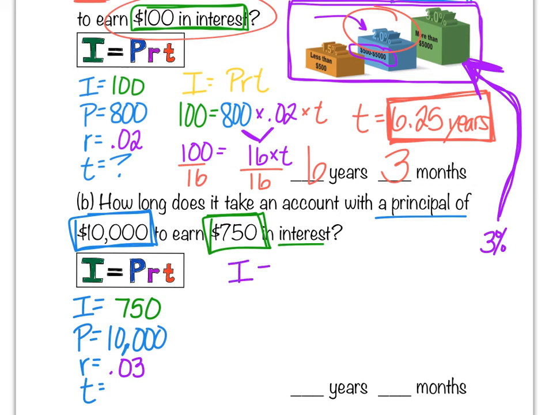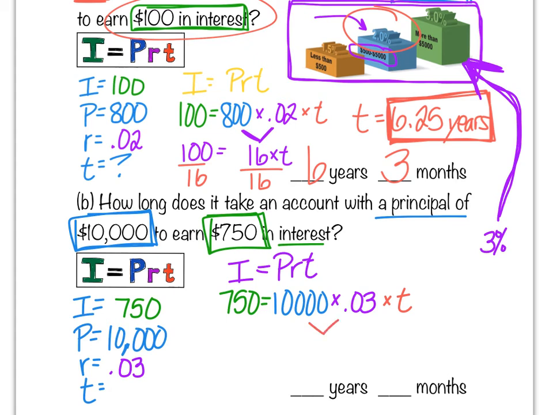I equals PRT, principal times rate times time. I'm going to plug in 750 for I, 10,000 for P, and 0.03 for R. And I still don't know what T is. I'm going to find that missing time. So I multiply the two numbers that I do have on that side. 10,000 times 0.03 is $300. So I can simplify a little bit.